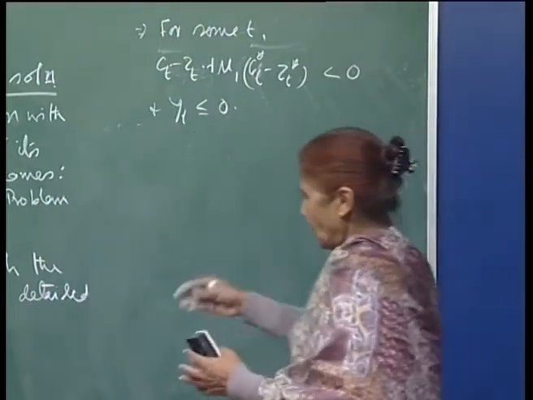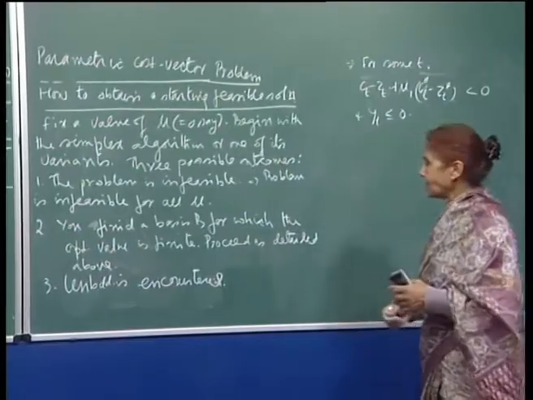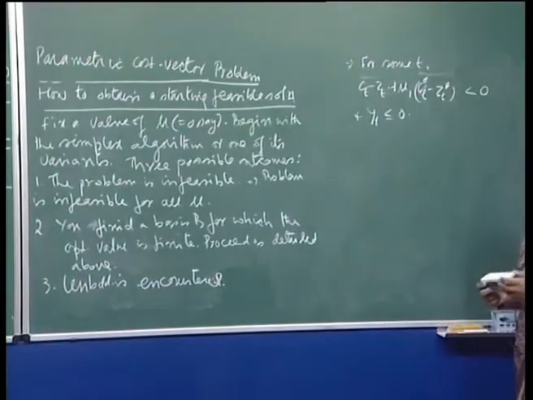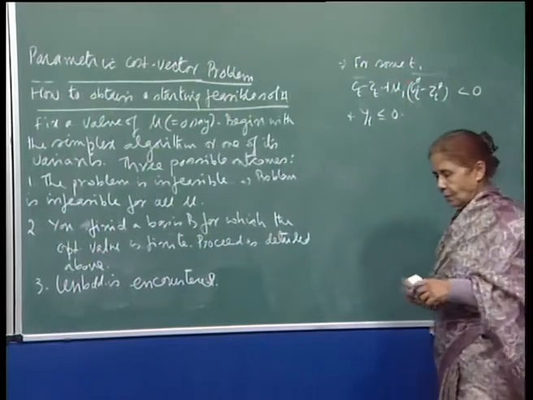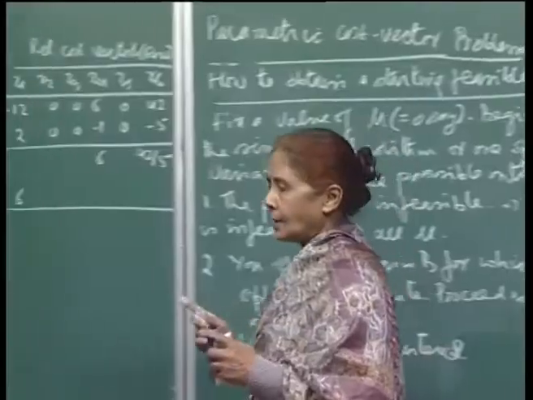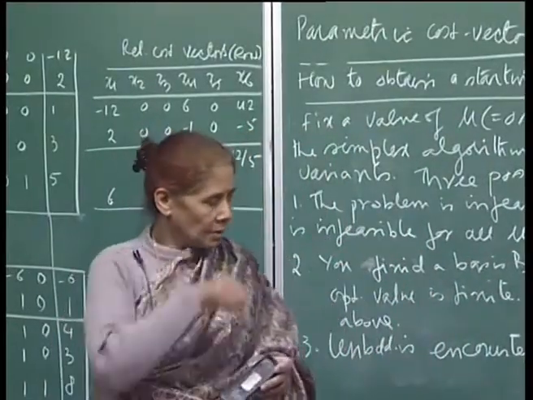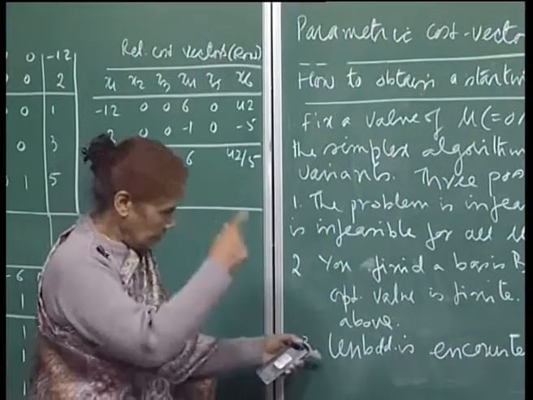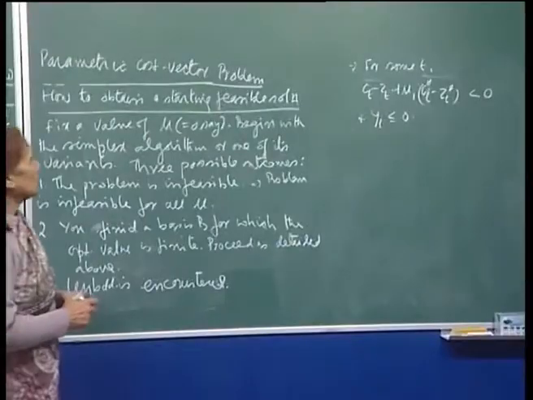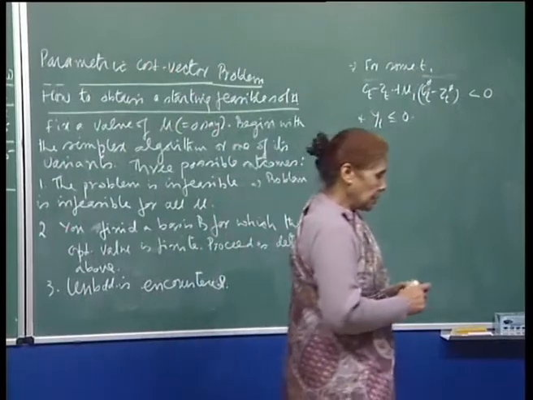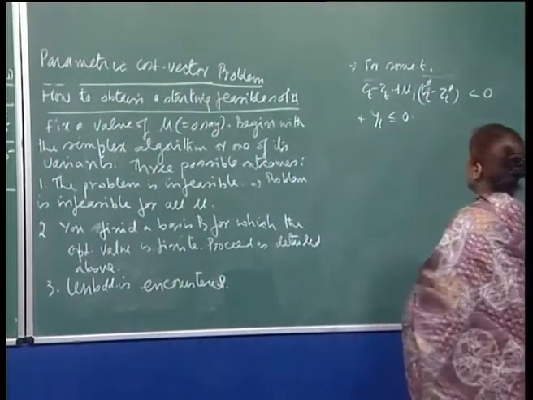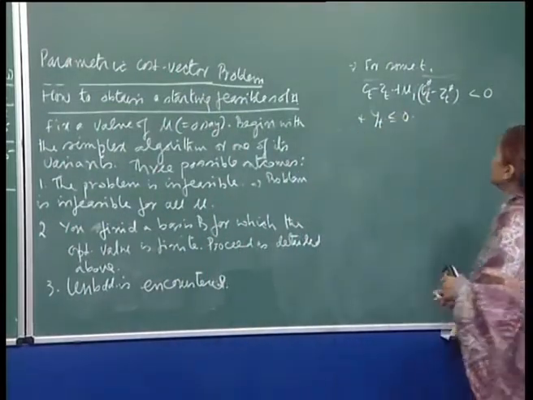It's not important to write the bars here. That means as you continue with the simplex algorithm, you come across a column for which the current relative price is less than 0 and the column underneath is less than or equal to 0. So you cannot proceed with the simplex algorithm, and you say that the problem is unbounded.